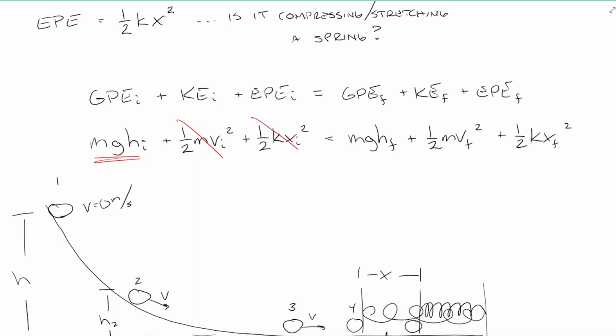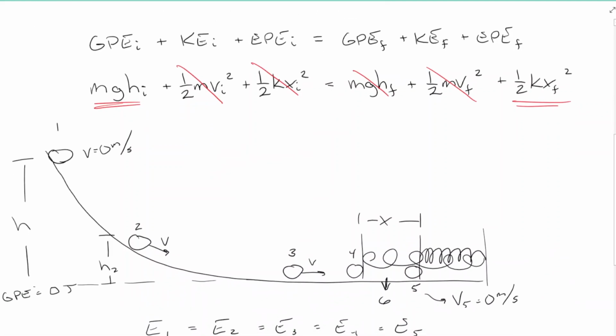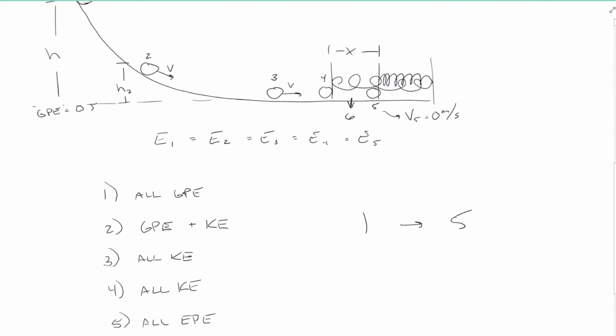At position 5, I am no longer elevated, I am no longer moving, but I am compressing a spring. And so this giant equation simplifies down into one equation that says that the mass times the gravity times the height at position 1 is equal to 1/2 K times the compression at position 5 squared.